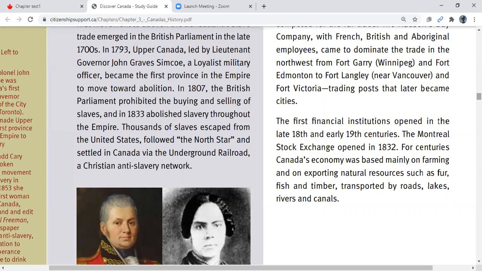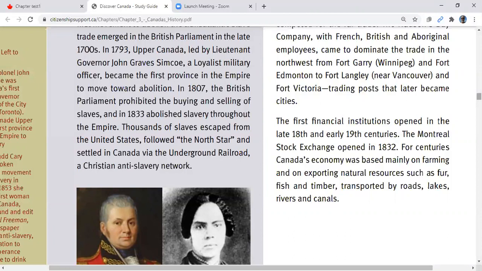It's the companies that control money. They started in the late 18th century and the early 19th century. And then the Montreal Stock Exchange. The stock exchange is where you trade stocks, which are parts of companies. And that opened in 1832.